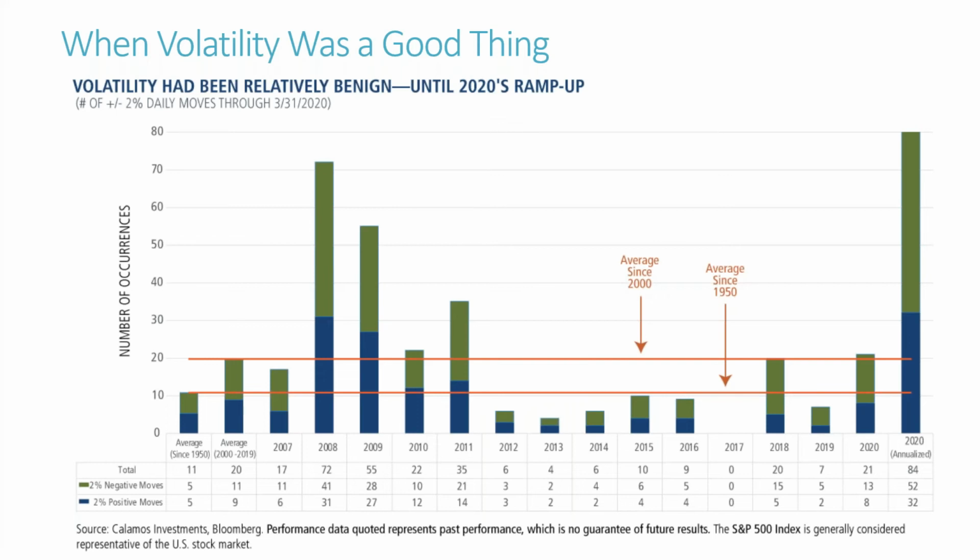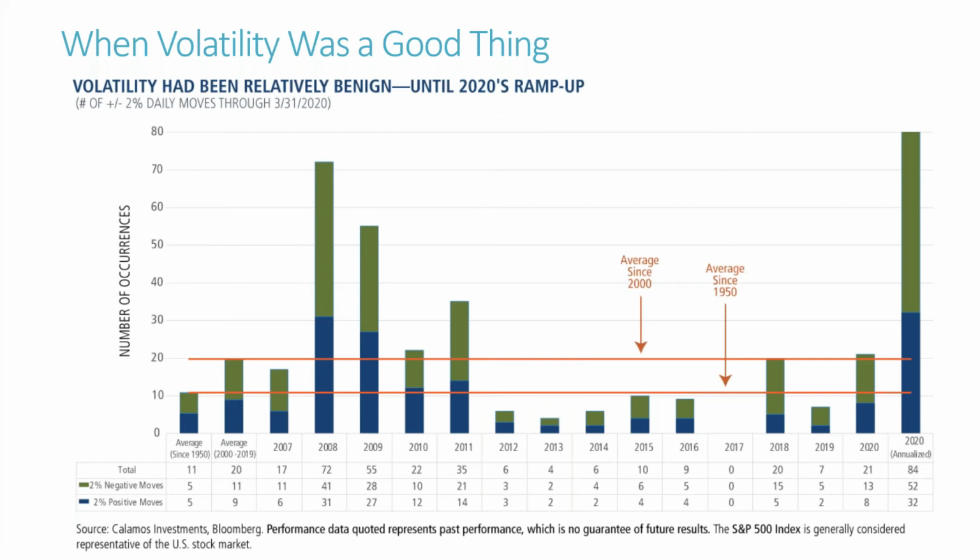And the interesting thing with those two averages: the average of plus or minus 2% moves in the S&P 500 since 1950 was 11. If we look at a shorter-term average starting in the 2000s, that number almost doubles.